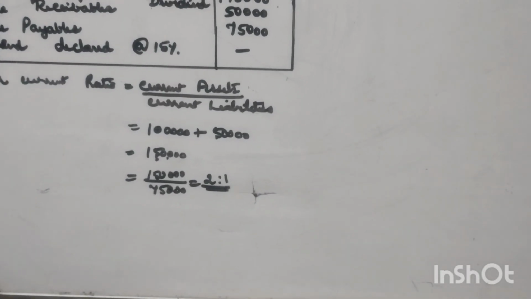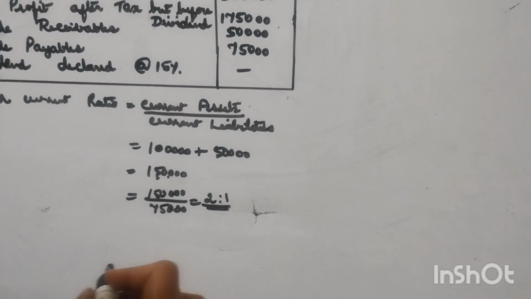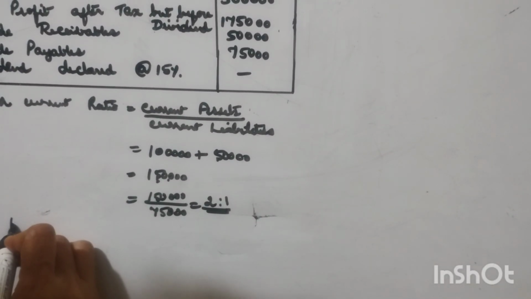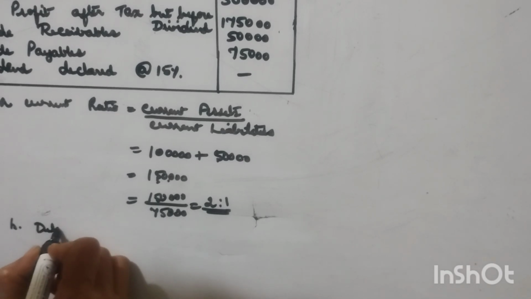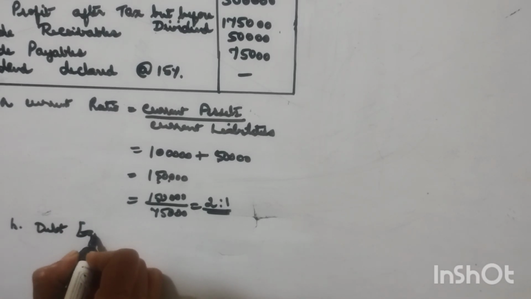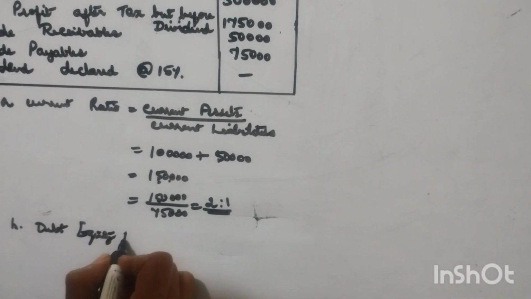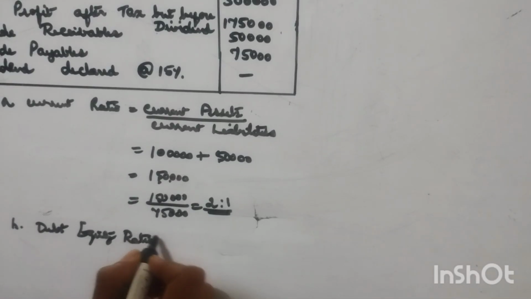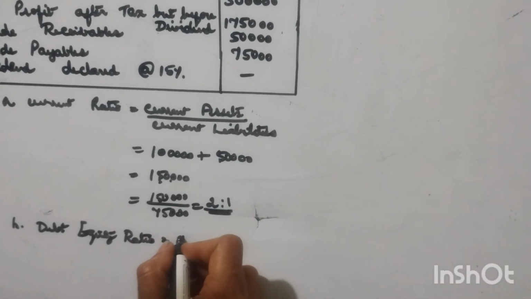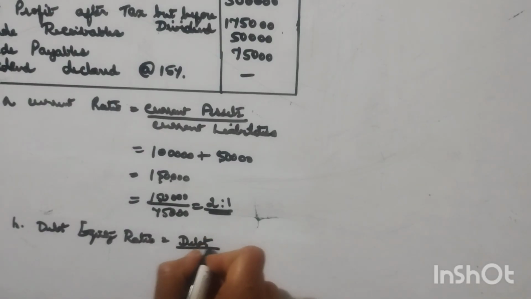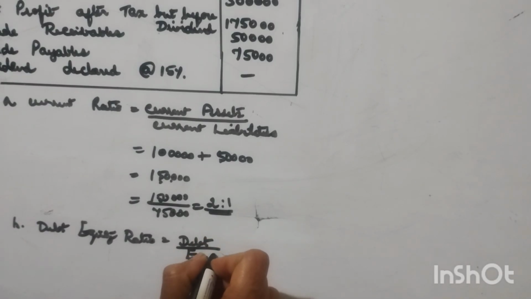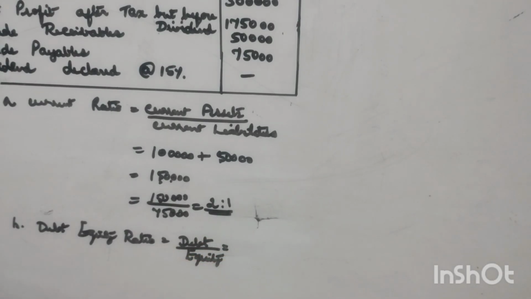Next, calculation of debt equity ratio. The formula for the calculation of debt equity ratio will be debt divided by equity. Debt is 13% debentures, that is considered as a debt of the firm.